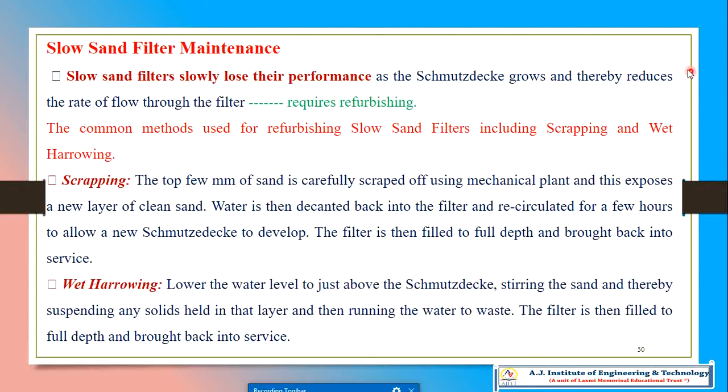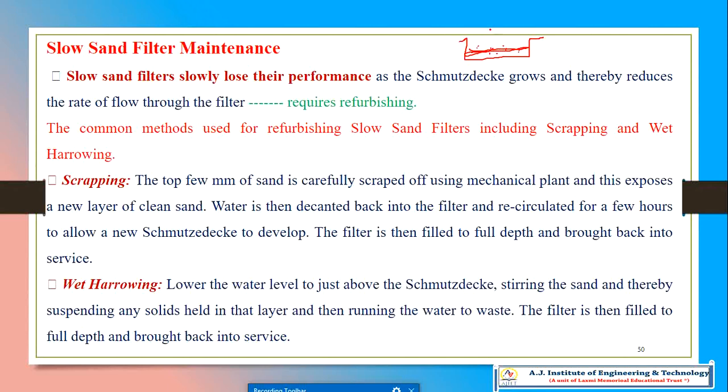Why? Because the water will not pass. For example, if you take here, this is sand. There will be a formation of schmutzdecke here, the bacteriological growth formation, a jelly-like formation.